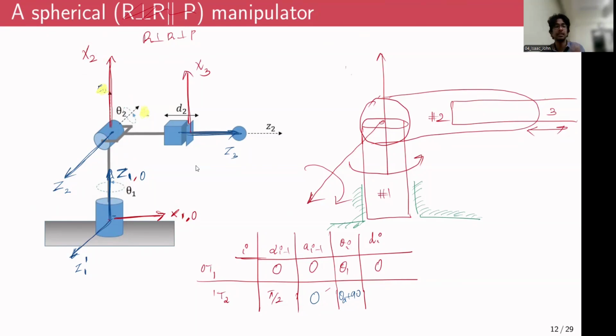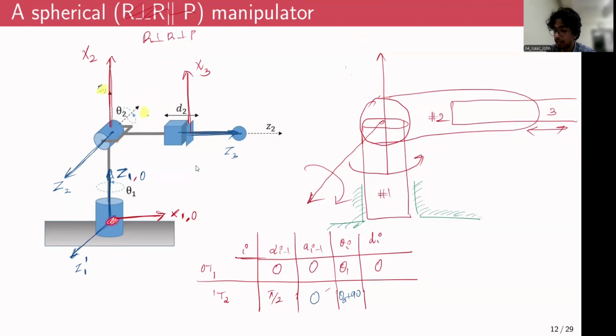And that basically depicts there could be some changes that can be made on how we assign the frames. Right? So instead of mounting the frame Z1 and X1 here, at the very base, we can shift Z1 and X1 to be somewhere around this point.